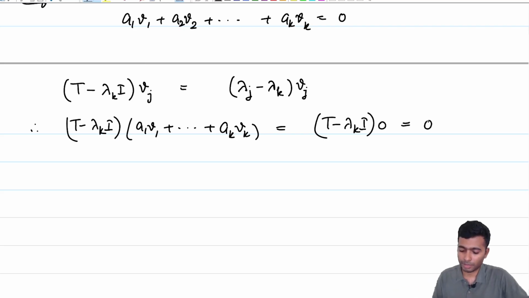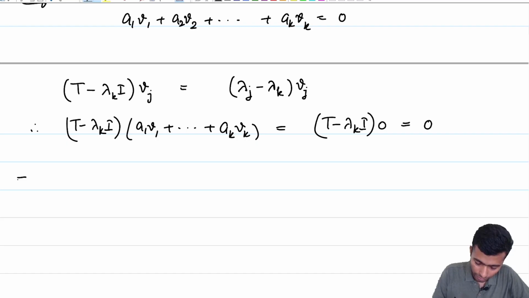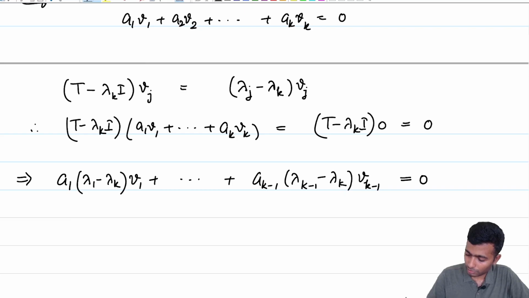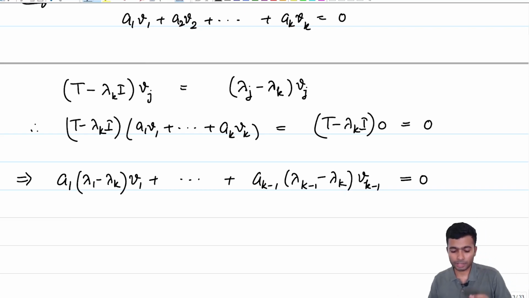Any linear operator maps the 0 vector to the 0 vector. This however manifests as the following. This implies lambda 1 minus lambda k times a1 times v1 plus up to a(k-1) times lambda (k-1) minus lambda k times v(k-1) is equal to 0. When acted on vk, T minus lambda k I will kill vk, because vk belongs to the null space of T minus lambda k I.